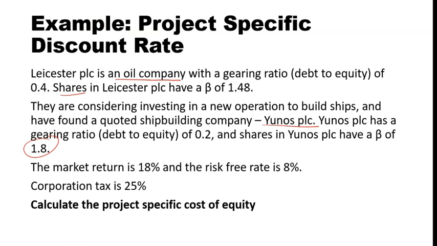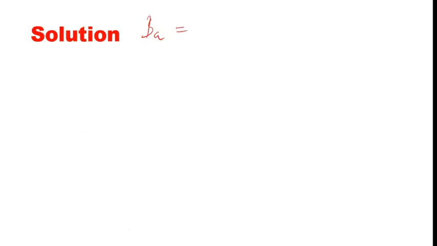Remember, the market value we can determine from the ratio. This is the debt portion. The debt to equity ratio is 0.2, which means equity is 100. So the equity is 100. Always know that when you are given the ratio.